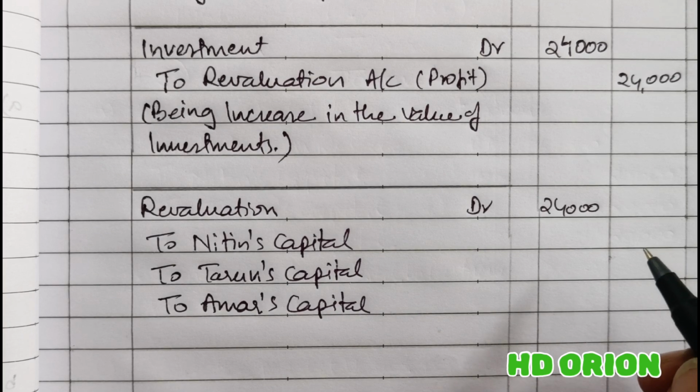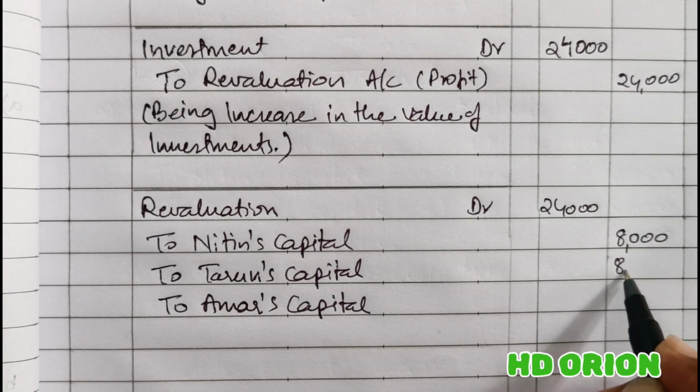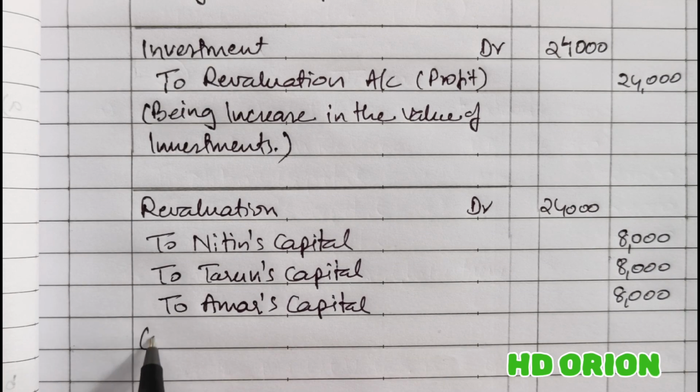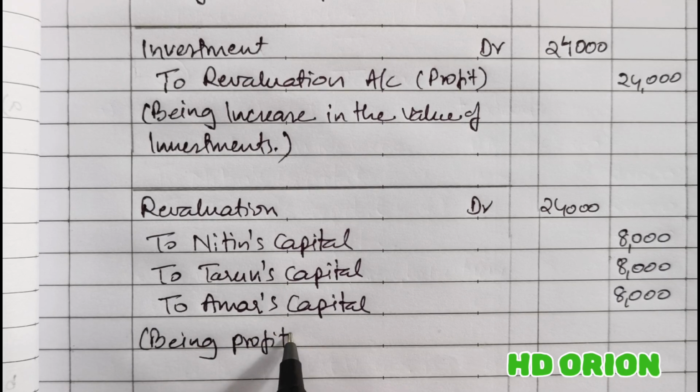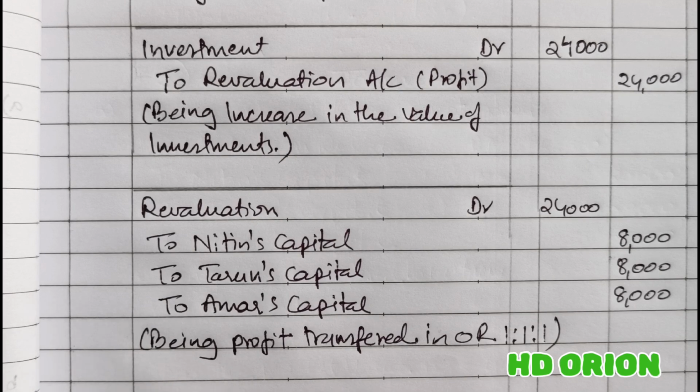And profit sharing ratio is equal, so 8,000 rupees each. Being profit transferred in old ratio, which is 1:1:1. So this is case 3.